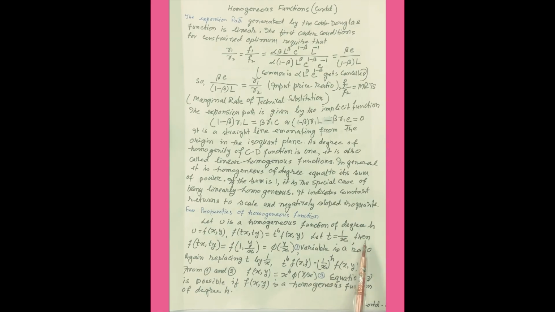Then this is equal to 1 into 1 by x, because if we multiply by 1 by x, it will be 1, and this will be y by x. So this is a new function, phi of y by x. So the variable is a ratio.